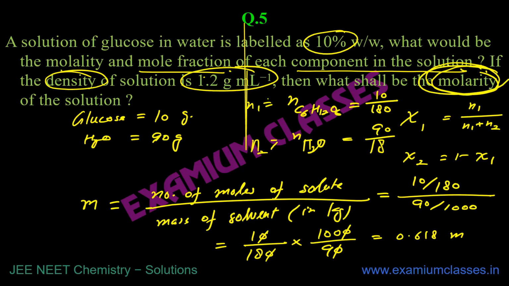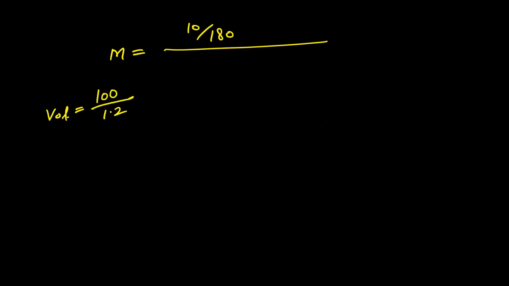So for molarity, I will say molarity is number of moles of solute, which will still be the same, 10 by 180, because glucose is 10 gram. But here volume will be mass over density, and it will be divided by 1000. Don't forget that, because 1.2 was given as gram per ml.